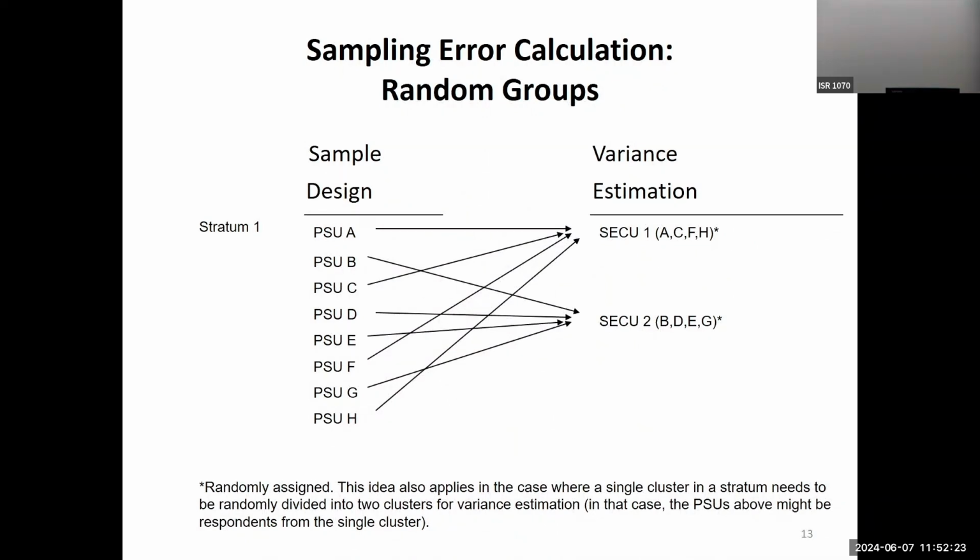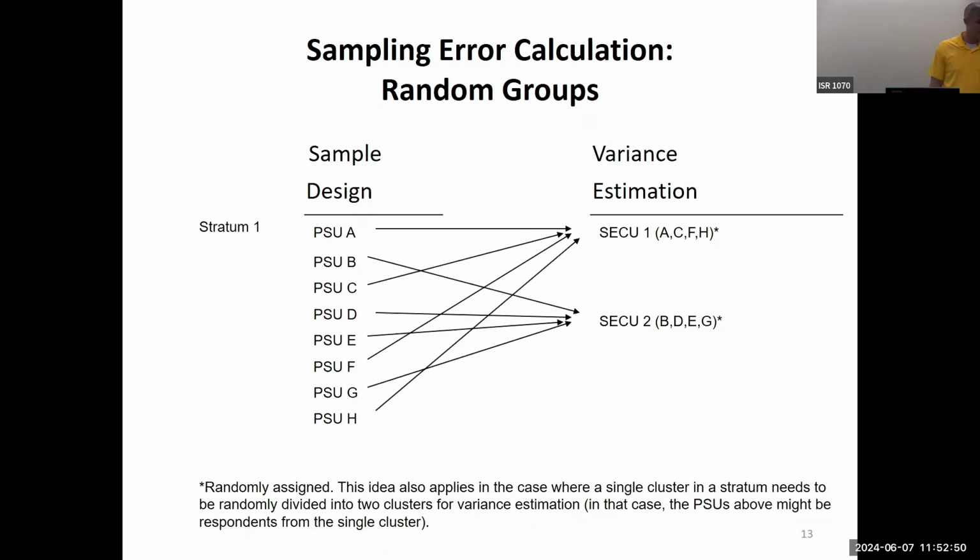And that produces the same stratum as we had originally, but now that same stratum has 2 sampling error computation units. The bare minimum that we need for variance estimation, but it minimizes disclosure risk and it gives you bigger samples within each of the clusters. Okay, fewer degrees of freedom. That's another thing we're sacrificing, but meeting all those goals of the random grouping. Again, minimizing disclosure risk, bigger subgroup sample sizes.